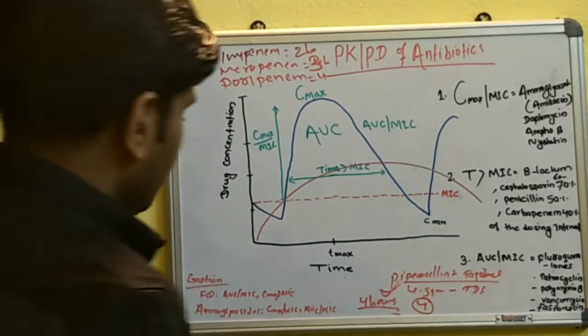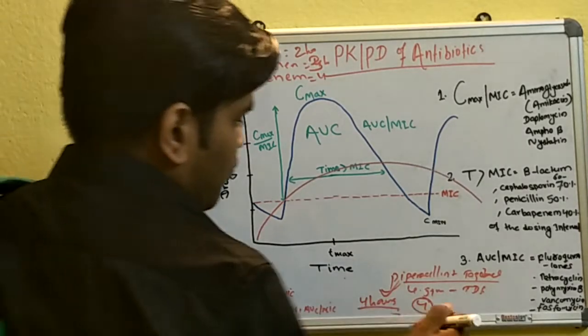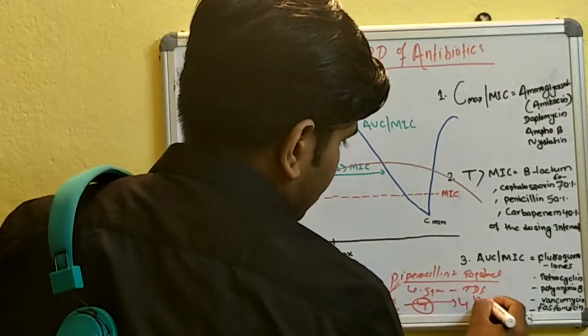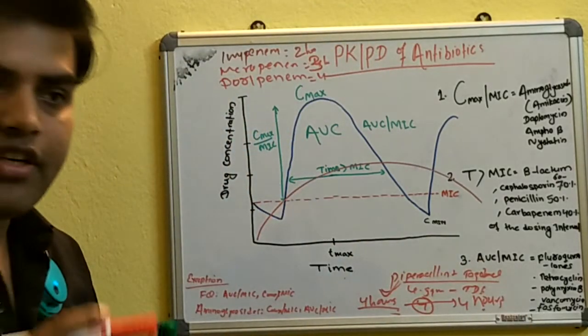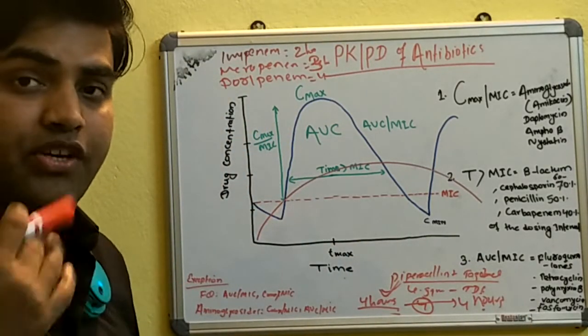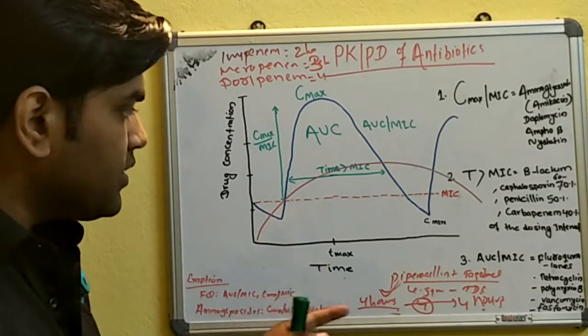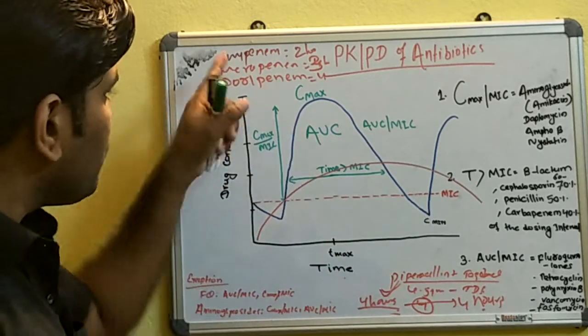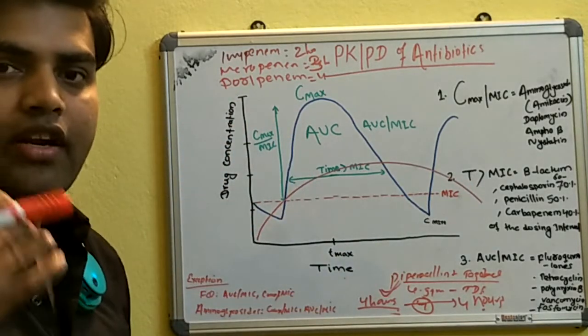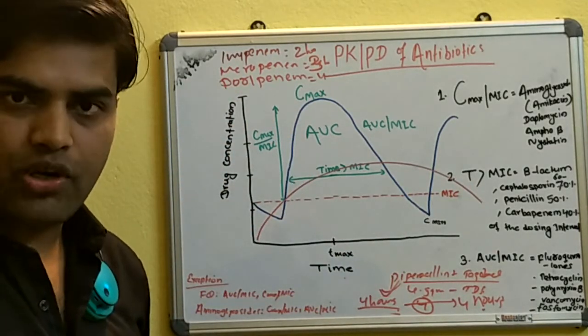If you are going to use piperacillin tazobactam, 4 hours. There has been found to be a lot of clinical improvement. I am saying this point repeatedly: please, if you are using any beta-lactam antibiotics, then infusion to maintain the time above MIC is very, very important.